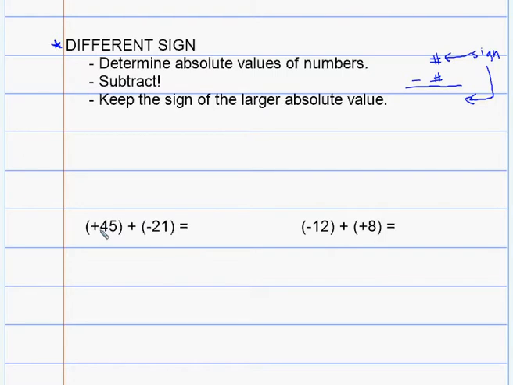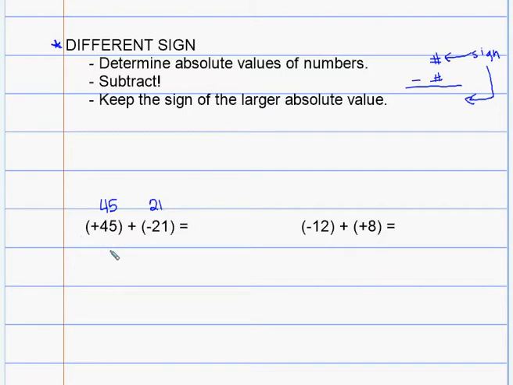I have positive 45 plus a negative 21. So I'm going to determine the absolute values. The absolute value of this would be 45, and the absolute value of negative 21 would be 21. So then I'm going to subtract. Just because the larger number happens to be here doesn't mean it always will be. This very well could have been the problem negative 21 plus 45.